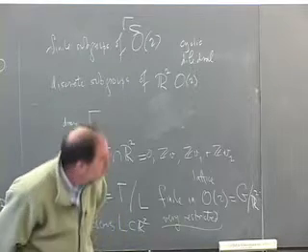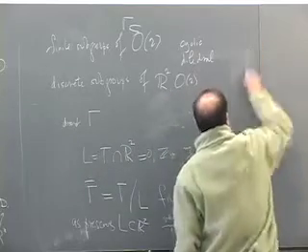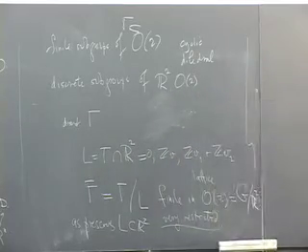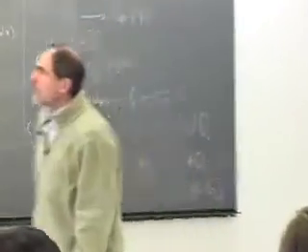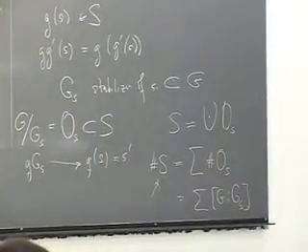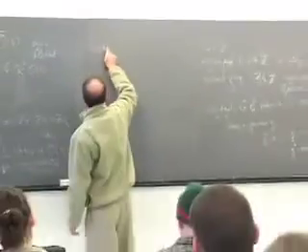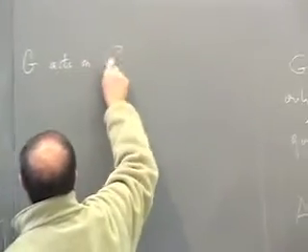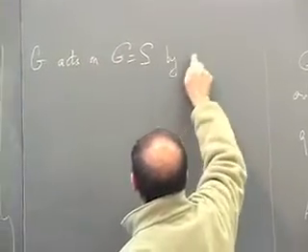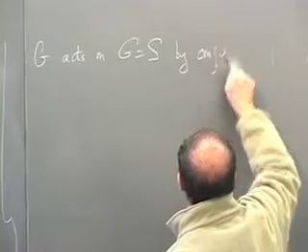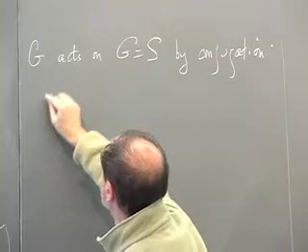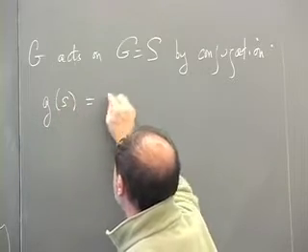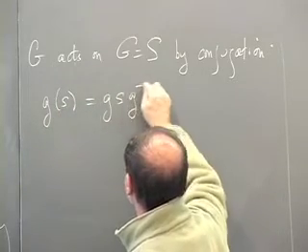Okay, then we studied the applications of this formula in various group actions. And the most important group action is the group action on itself. G acts on G by conjugation. So if you have an element g in G, g of s is g s g inverse.